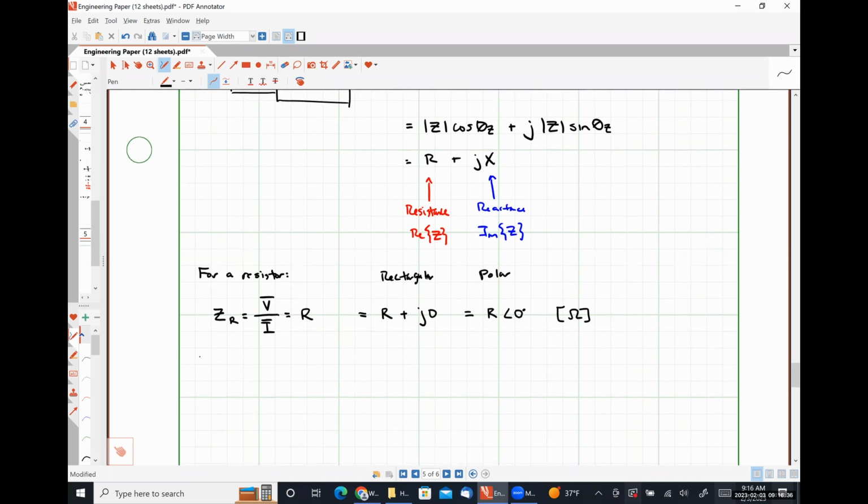All right. Now let's look at an inductor. So the impedance of an inductor will be the ratio of the phasor voltage drop across the inductor divided by the phasor current flowing through the inductor. Somebody do the algebra and tell me what this is going to be.